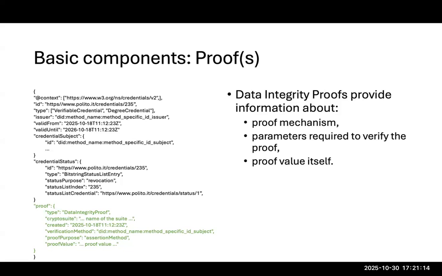Verification method: if you want to verify this proof, this is where you can find my public key. And if in the DID document there is more than one, I can use the fragment to tell you which one.